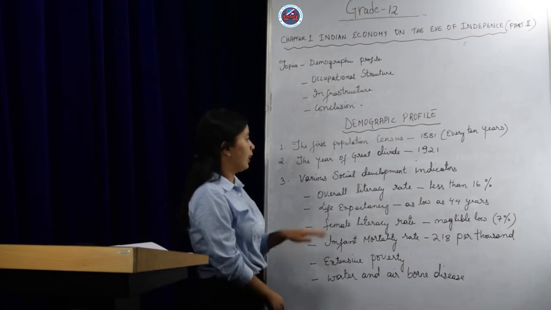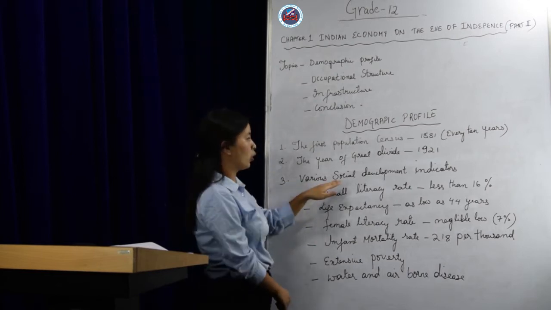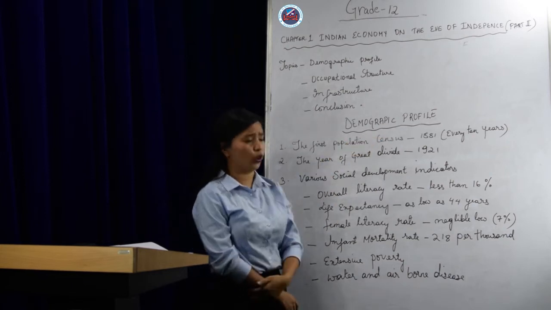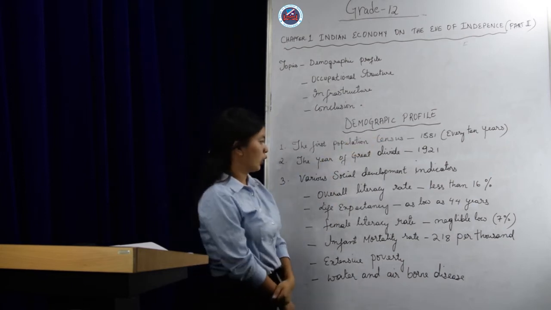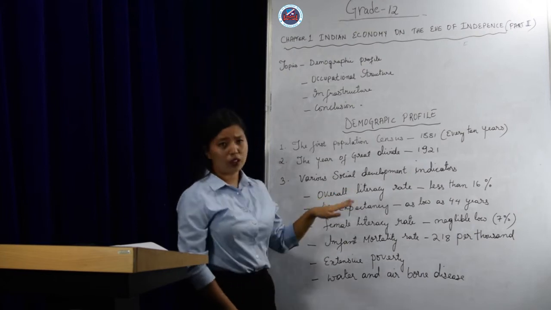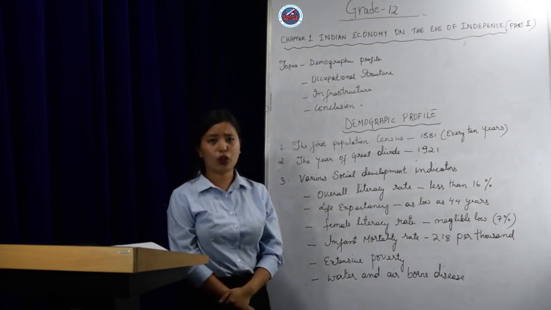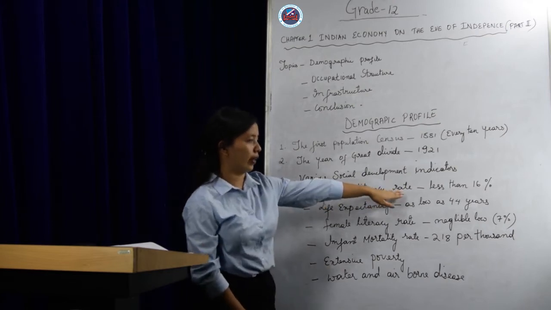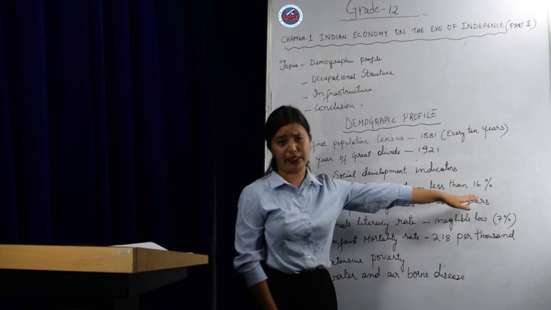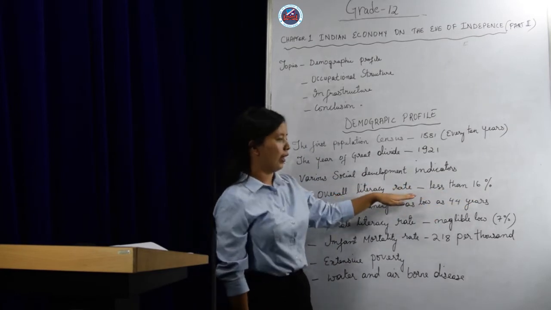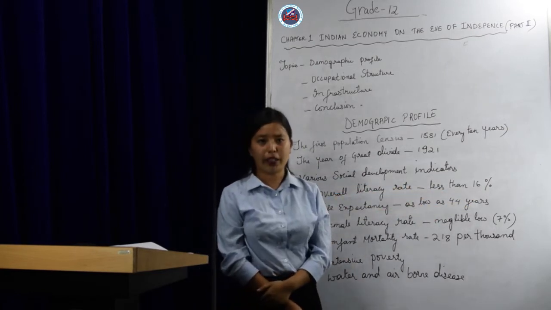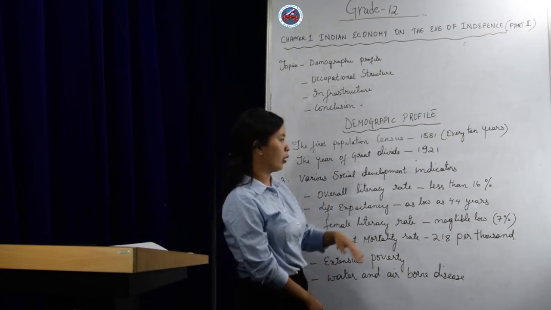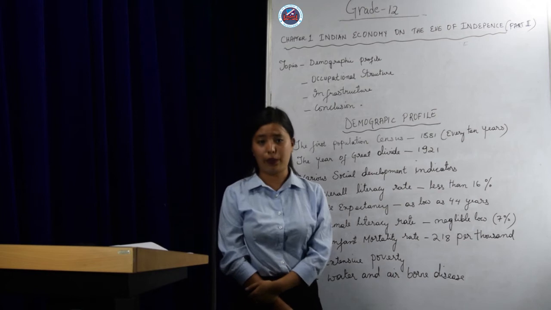So let us learn again the various social development indicators under the demographic profile. During the British colonial rule, we had an overall literacy rate which is less than 16%. This indicates that we were socially and economically backward because our literacy rate was very low.